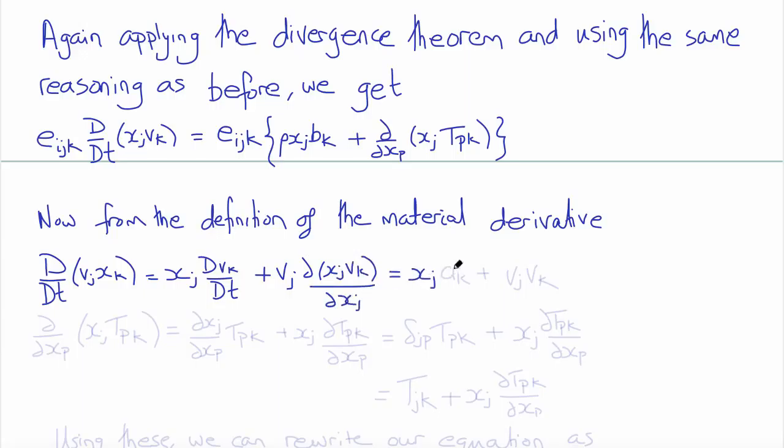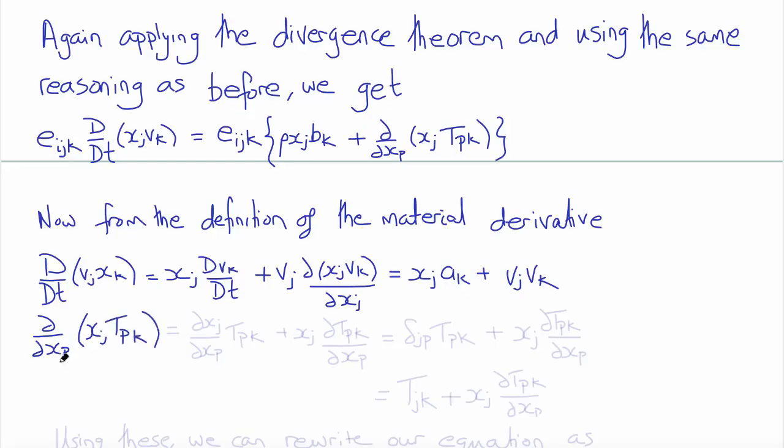So this first term is x_j times the acceleration, a_k, and the second term is v_j times v_k, since del x_j with respect to time is v_j.